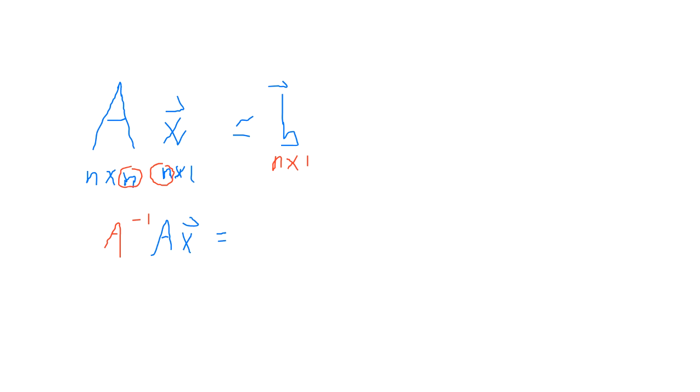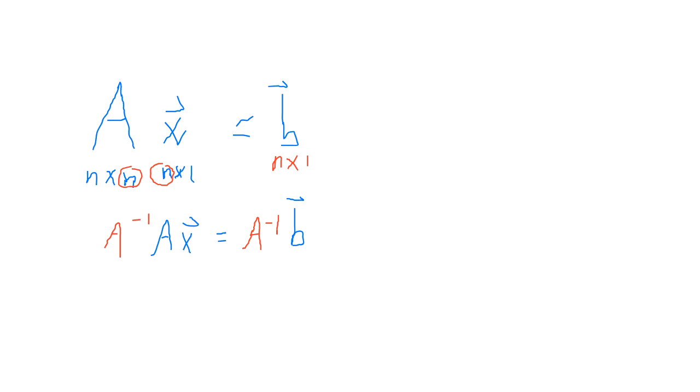And therefore, on the right side, since this is a matrix equation, I'm going to multiply the vector B by A inverse.